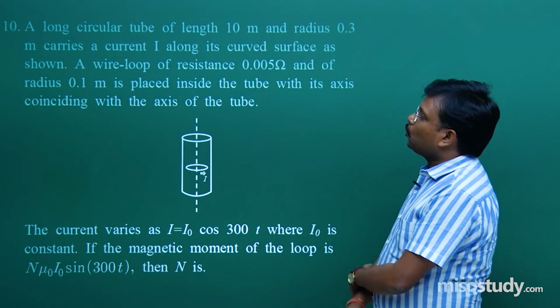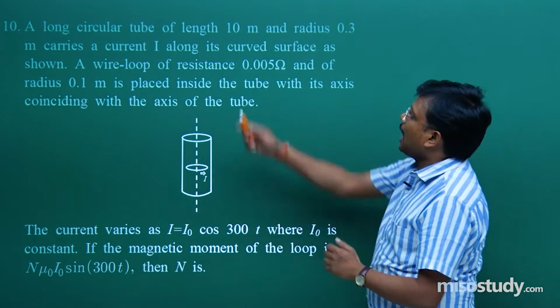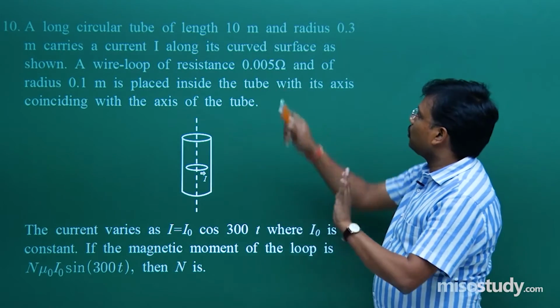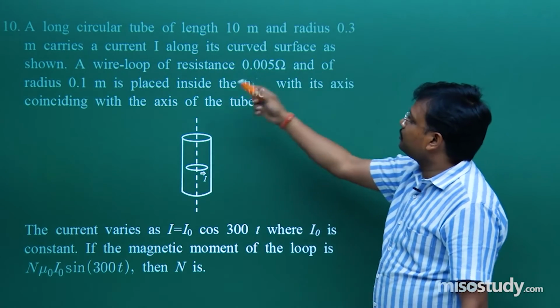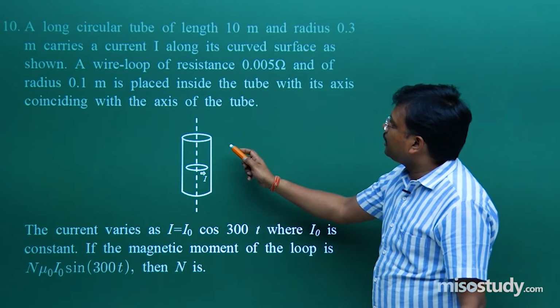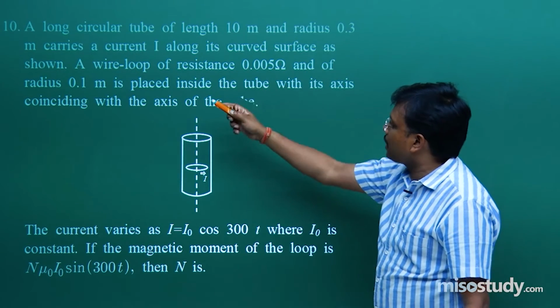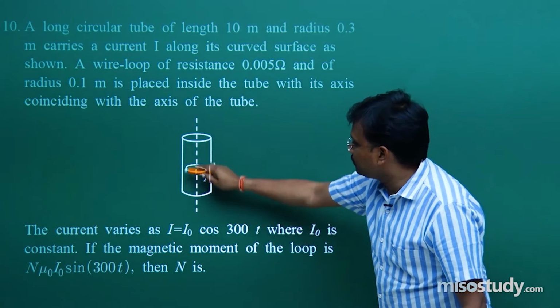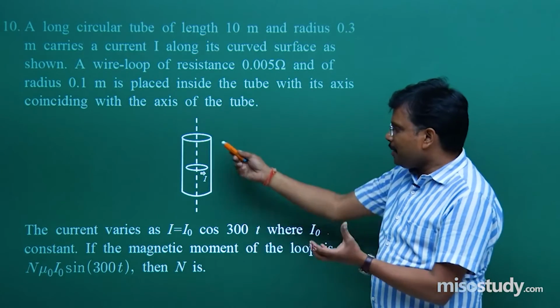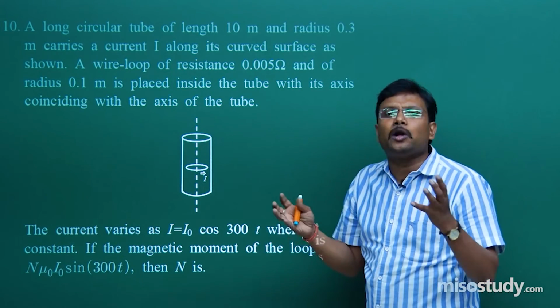A long circular tube of length L meter, that number is not important, and radius this much, carries a current I along its curved surface as shown. This is current and this is a long tube. You can imagine this long tube as a solenoid.